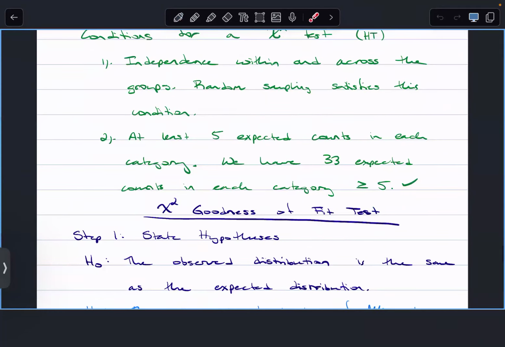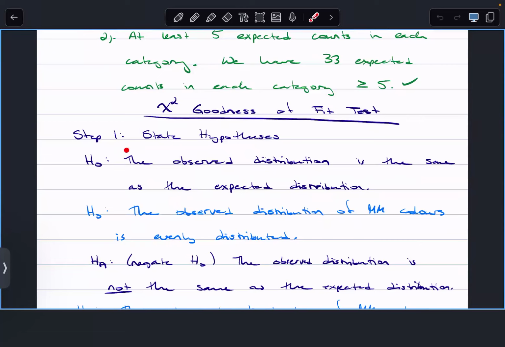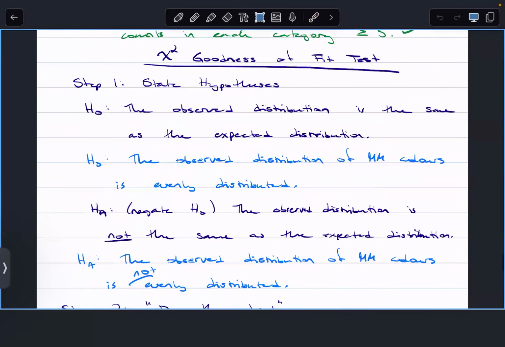The new condition for a chi-squared is that we have to have at least 5 expected counts in each category. And in our case, we have 33, so that's satisfied. And so our chi-squared goodness of fit test, which is what we're doing, how well does the even distribution fit what we observed?